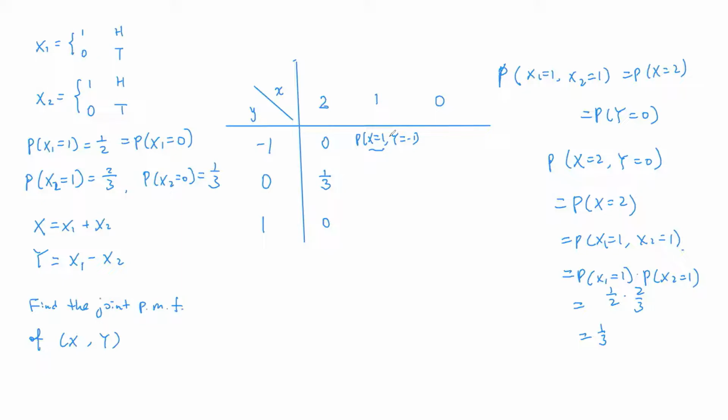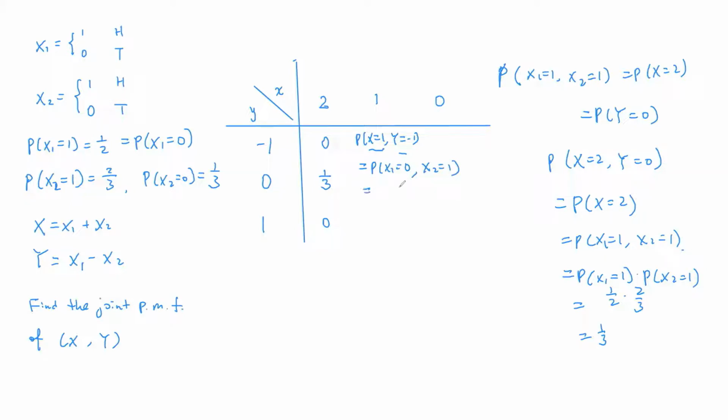The first one's heads and the second one's tails, or the first one's tails and the second one's heads. But Y equals negative 1 will force the first toss to be tails. So the first one is tails and the second one is heads.